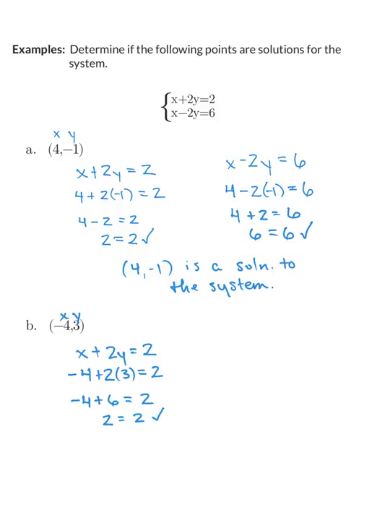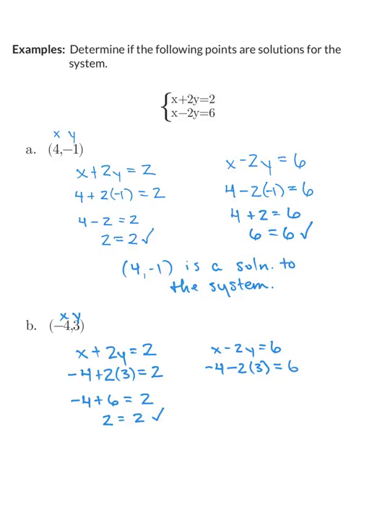So now the question comes about, is it a solution to the second equation? Well, if we plug this into our second equation, x minus 2y equals 6, we get -4, plugged in for x, minus 2 times 3. I want to know, is this equal to 6?